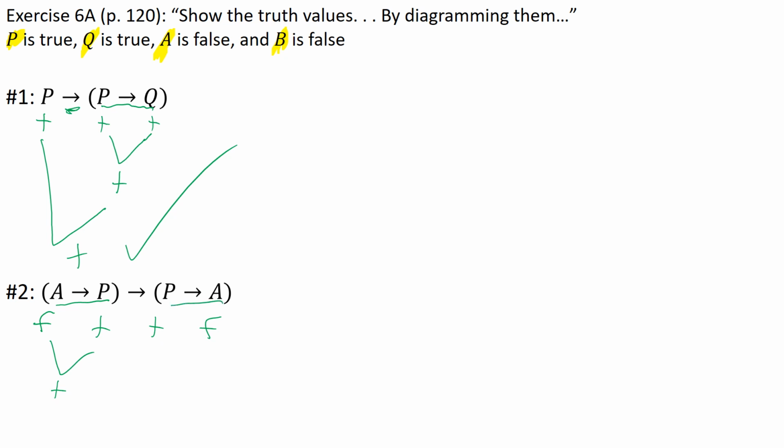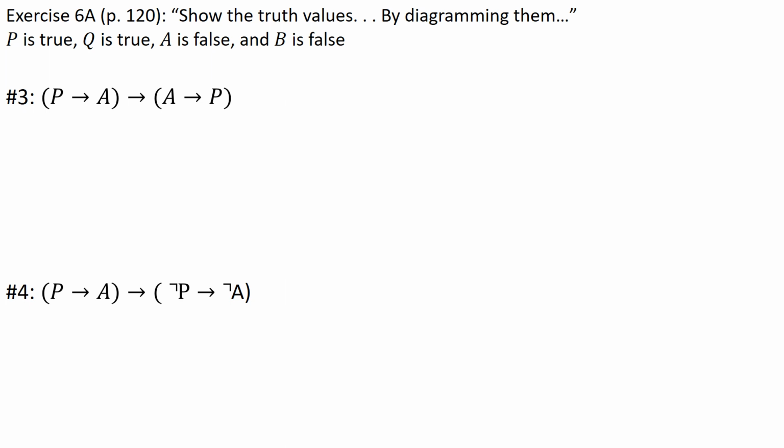But here we have the consequent is false, and the antecedent is true, so that is a false conditional. And now we can do our dominant major sentential connective. The consequent is false, the antecedent is true, so this is indeed false.